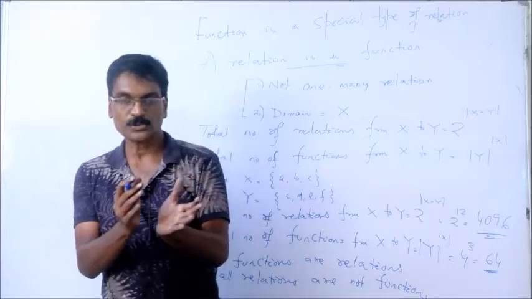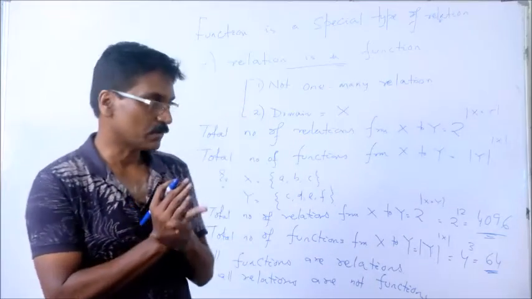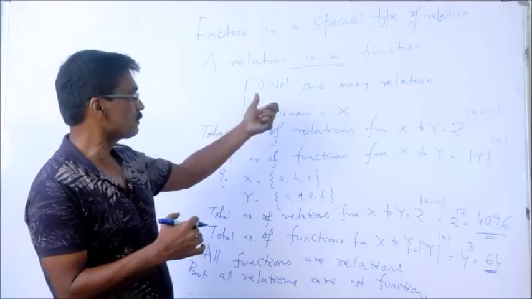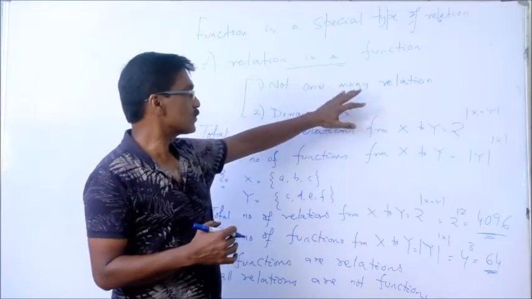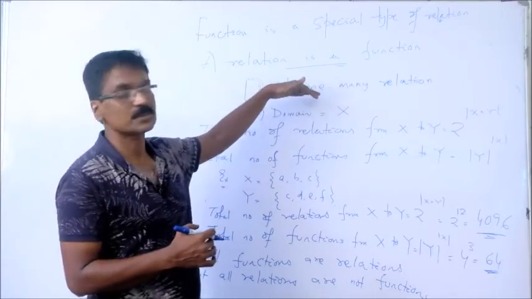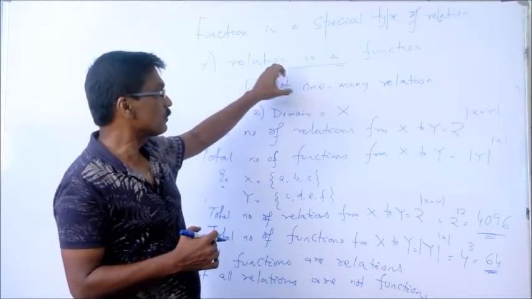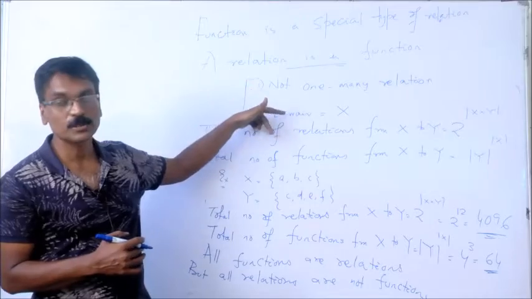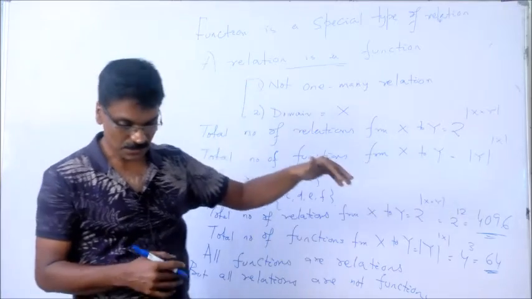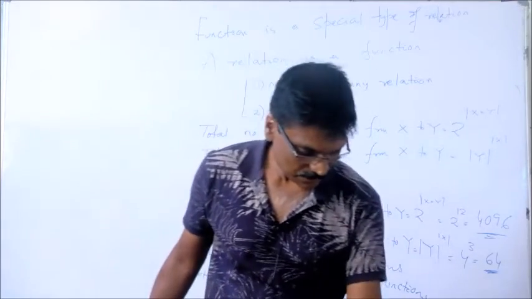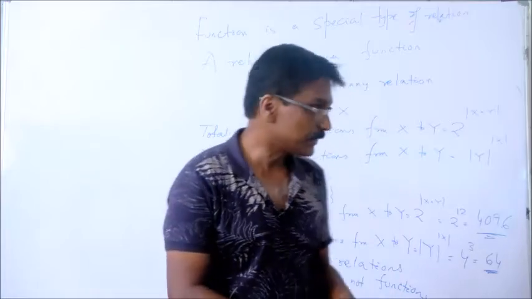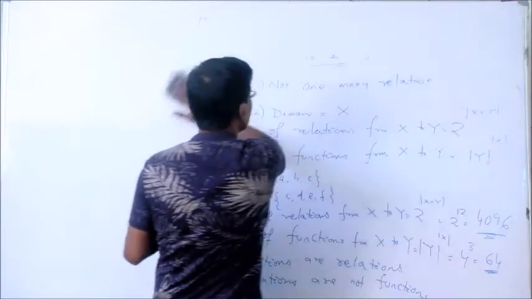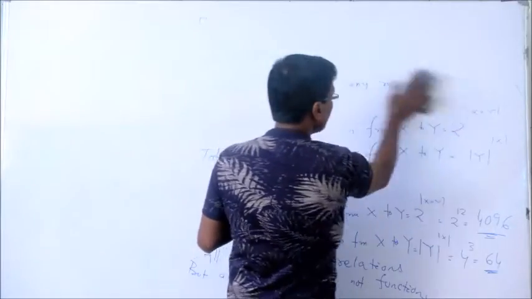Out of the 4096, only very few are functions. So, a relation which is a function must satisfy these two conditions. First condition is it must not be a one-many relation, and second condition is domain should be equal to the x set. So, what is the main importance in mathematics? A function. So, how do we define a function?